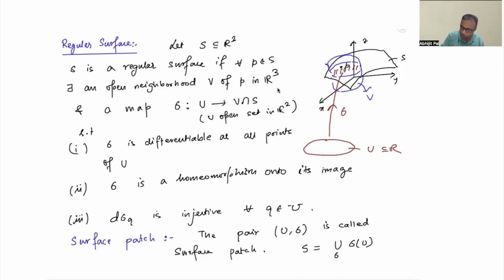For each point P in S, I have this B and U and this map sigma. If I vary this P, then U will vary and sigma will vary. So if I vary those sigma, S is the union of all these sigma of U.